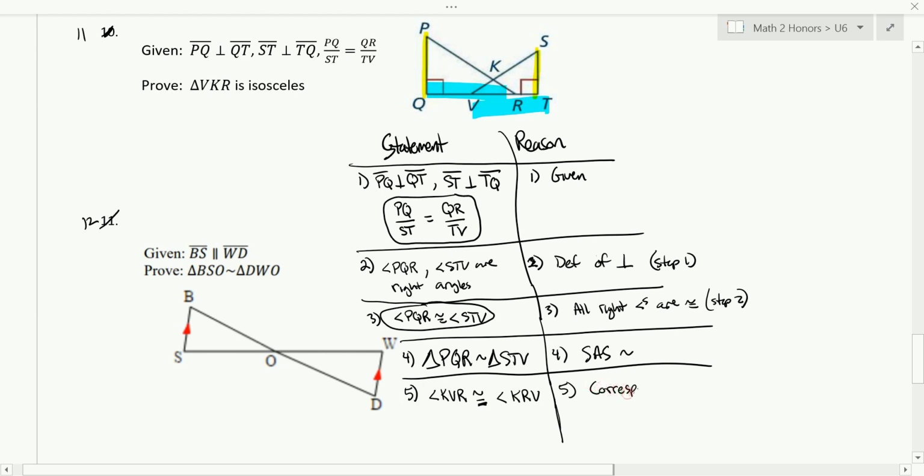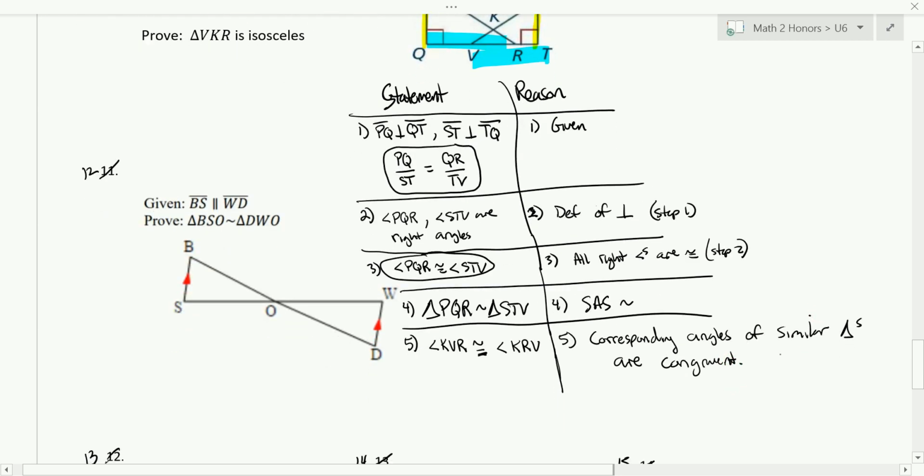Corresponding angles, not sides, corresponding angles of similar triangles are what? Congruent. So if we happen to make an abbreviation, what would it be? There is none out there. CASTC. I've never seen that ever used before, but we could see where it would come from. Okay.